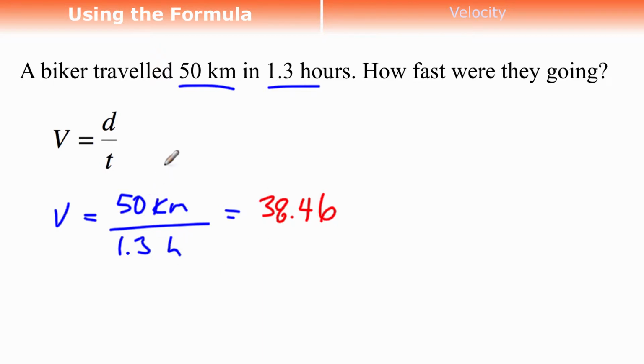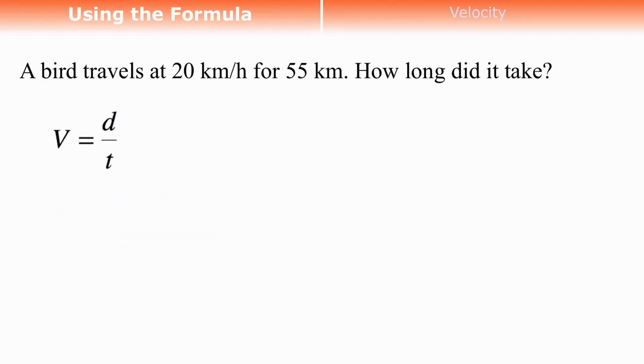And in terms of sig figs, I guess if there was a decimal there, I'd have two sig figs in each number. So I'd need two sig figs in my answer. So this would be 38 kilometers per hour. That would be how fast they're going, or their average velocity.